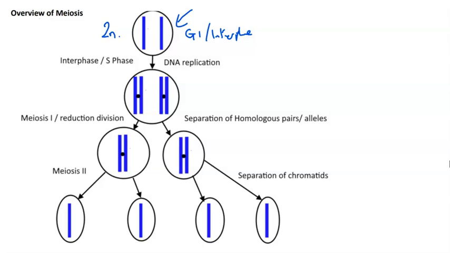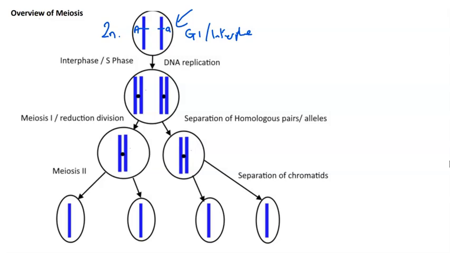And so that we can track what goes on, I'm going to identify a dominant allele on this one here. I'm going to call that big A, and I'm going to put little a on this homologous partner here. And the purpose of this is so that we can track what happens to the individual chromosomes as we go through the double stages of meiosis.